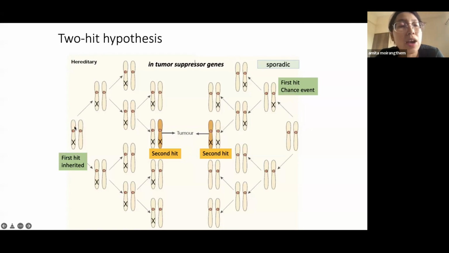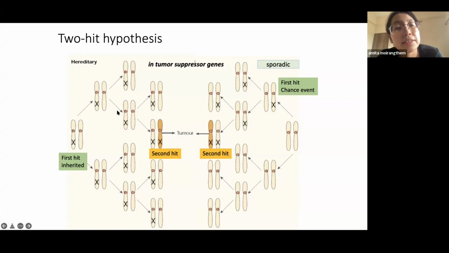In hereditary cancer, because of the germline mutation, one copy of the gene is already mutated. The cross mark here indicates a mutation, and these are the two chromosomes or two copies of the gene, each inherited from one parent. So the cross mark is in one chromosome or one gene only. One copy is already mutated from birth because of the germline mutation.